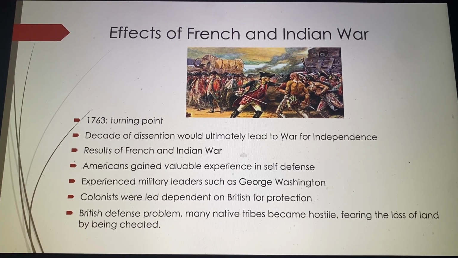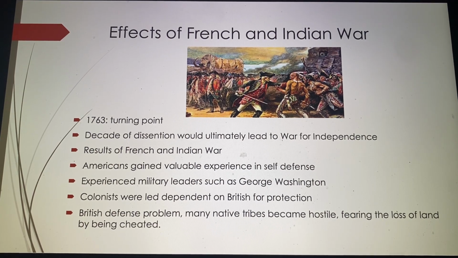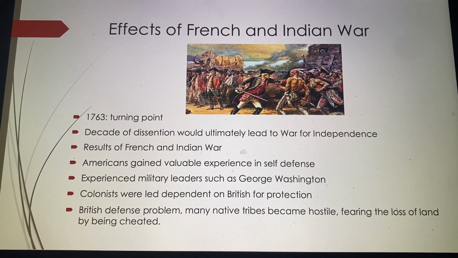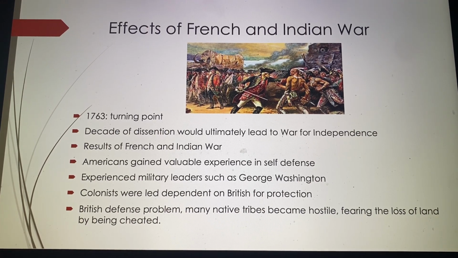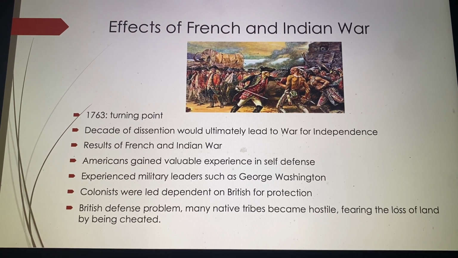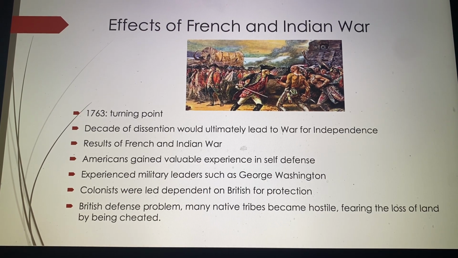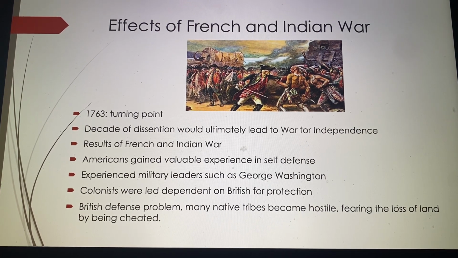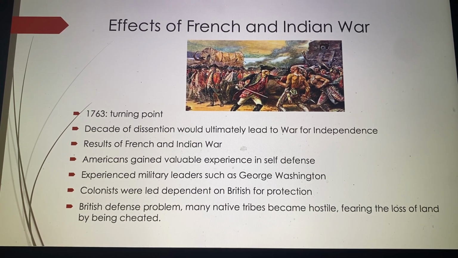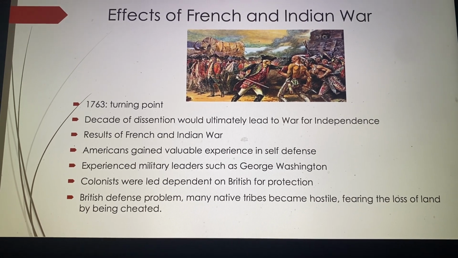The British defense was a problem because many native tribes became hostile, but Britain really didn't send in help to defend the colonists against the Native Americans. So they were basically fearing the loss of their land and being cheated, as we know the Indians were. So they had this constant problem going on, and Britain failed to be the middleman for the colonists and the American Indians.